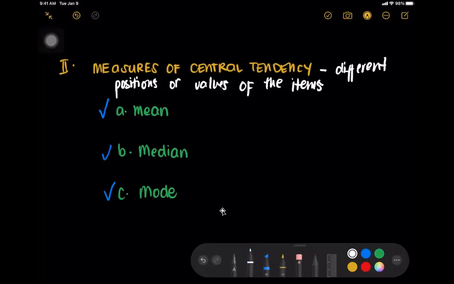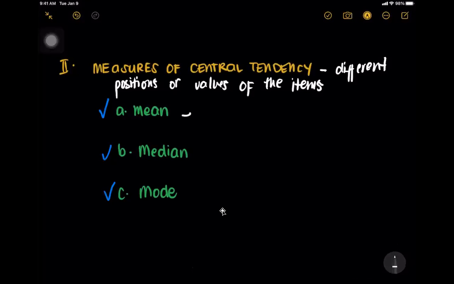A quick description for each. Your mean, class, is the average of all the items or scores. It is the summation of your scores over the number of scores.